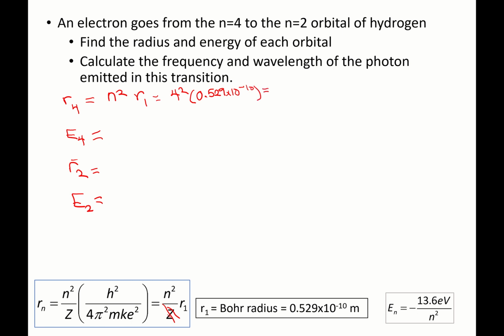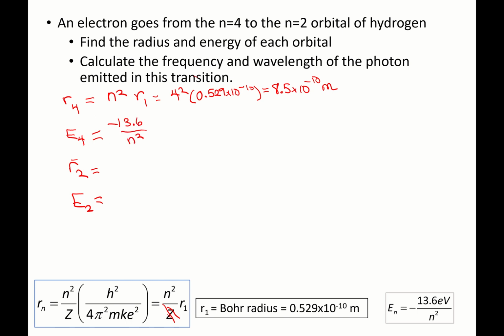And so the radius of that orbit is going to be about 16 times a half, so it should be something like 8. And to be exact, we get 8.5 times 10 to the minus 10 meters, so that's 8.5 angstroms.